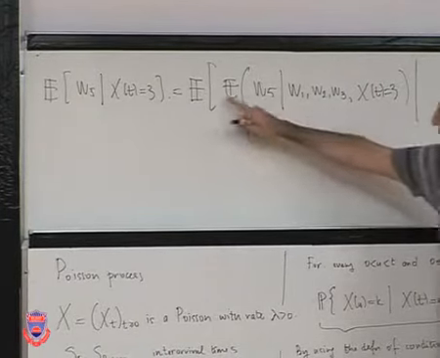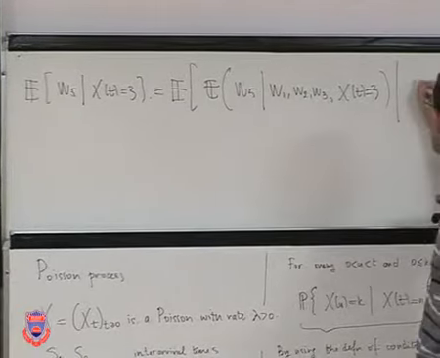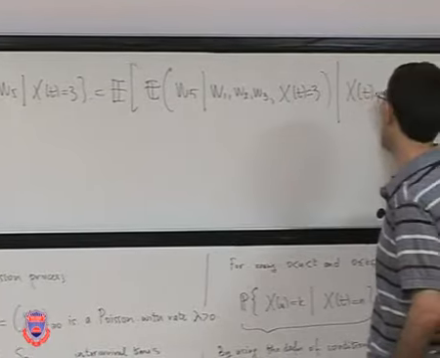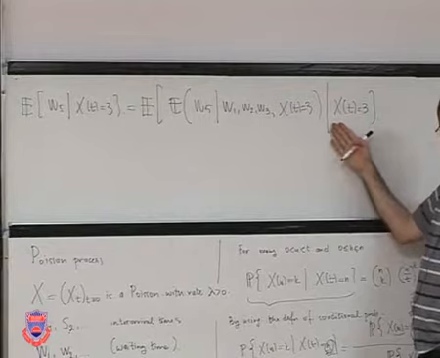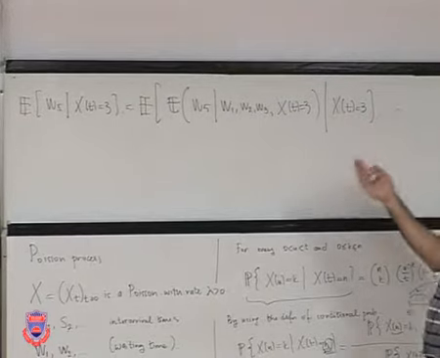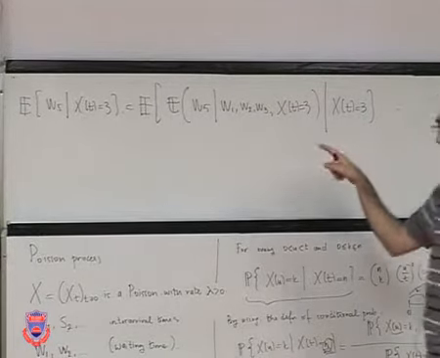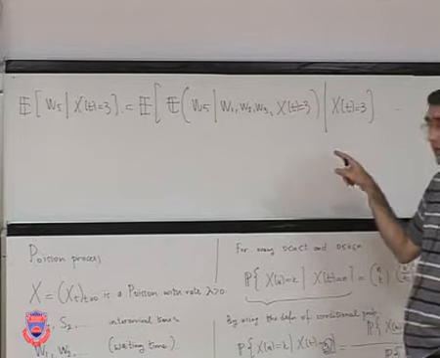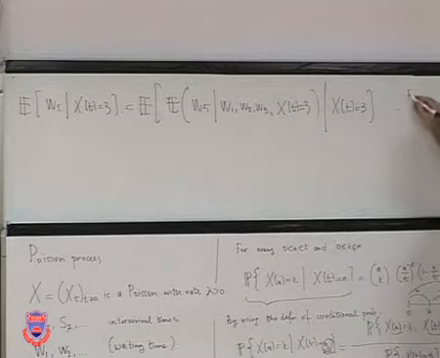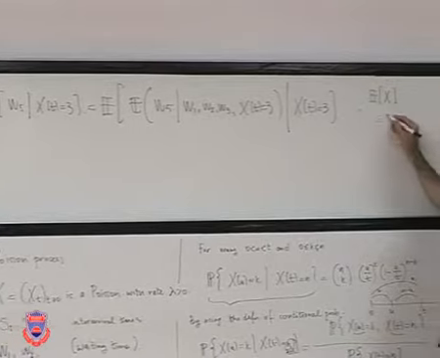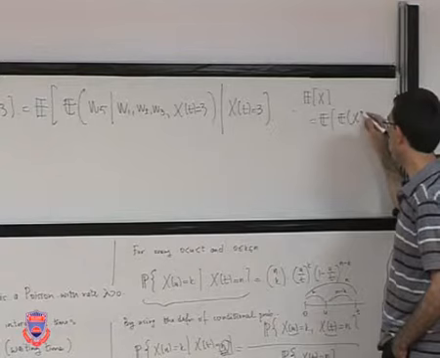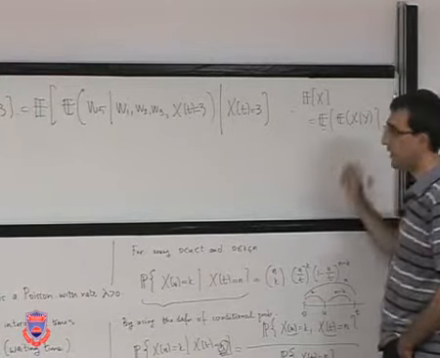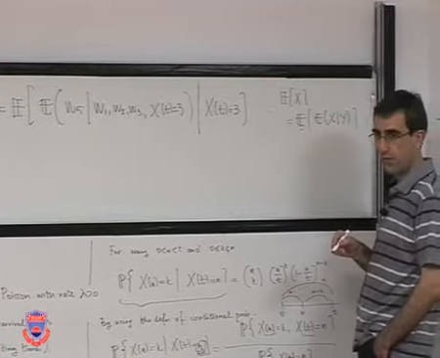But now you take another expectation from outside. Now you come back to reality, right? You are never allowed to use more than this, because this is the only thing you are given. This property we learned at the beginning of class. If you want to calculate the expected value of a random variable X, you can first calculate the expected value of X given Y, and then take an expectation later.